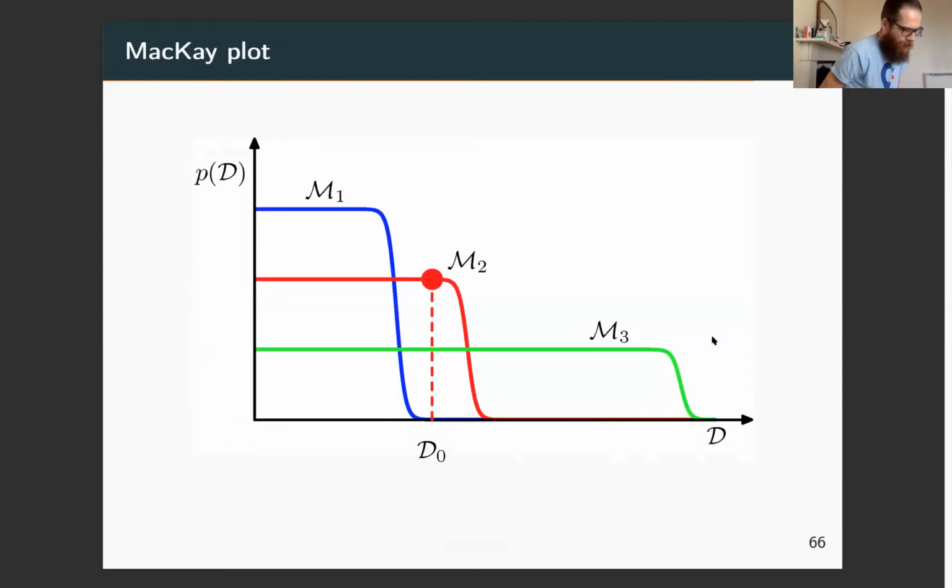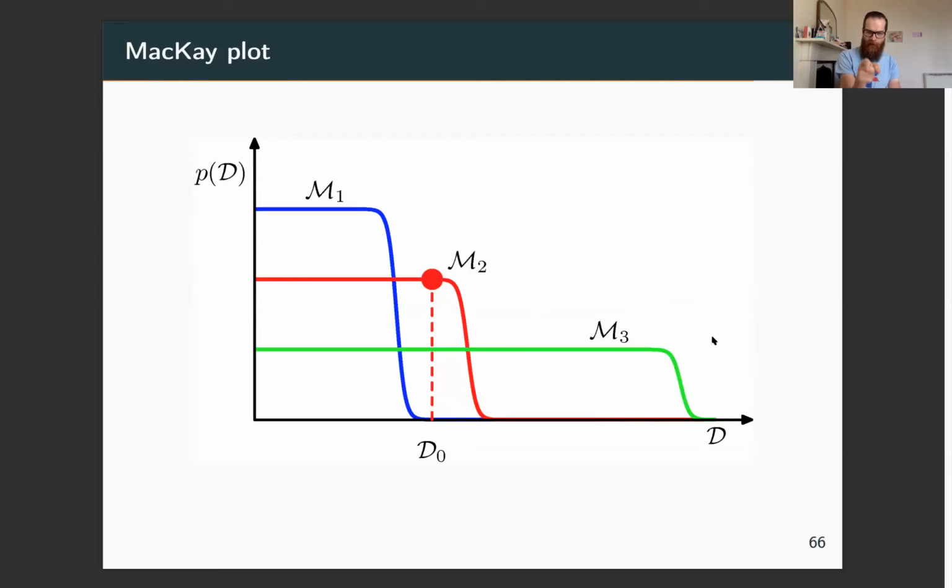Okay, so often machine learning is explained through this interesting graph. So this says that what we should be doing when we select models to avoid overfitting is that we should look at the marginal likelihood. We should look at the probability of the data that I've seen. So if the probability of the data is on my y-axis, and on the x-axis, I have the data somehow sorted according to complexity.